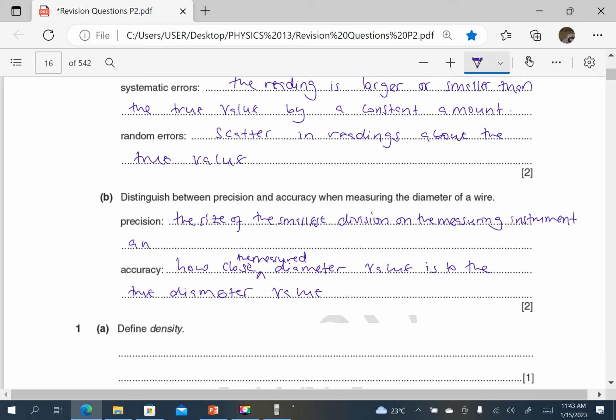And for the micrometer screw gauge mentioned above, it is 0.01 millimeters. So the size of the smallest division on the measuring instrument is 0.01 millimeters for the micrometer.